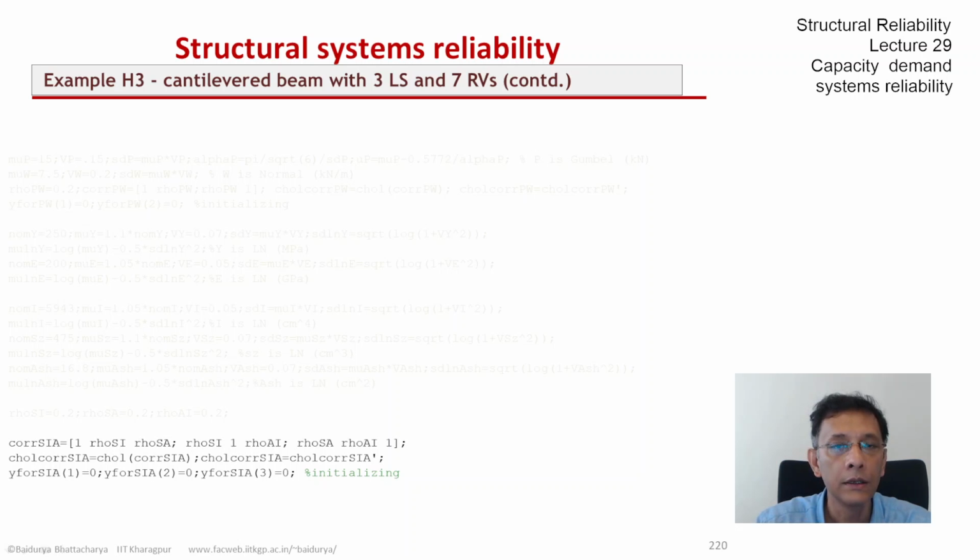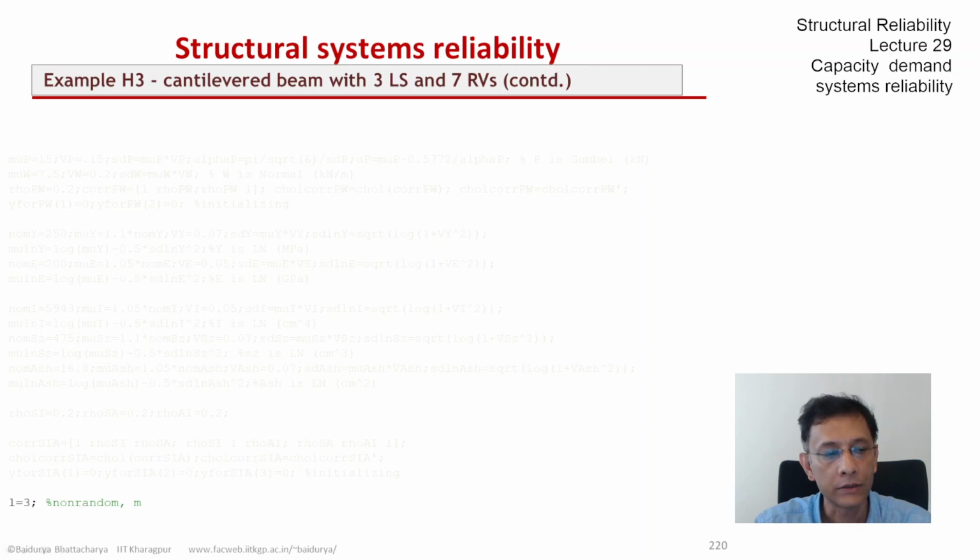So these are the 3 by 3 correlation matrix between SZ, I, and area shear. And like I did for the loads, I need the lower Cholesky factor, which is what you see in the second line, and I initialize the vector that I will need for the Monte Carlo simulation.